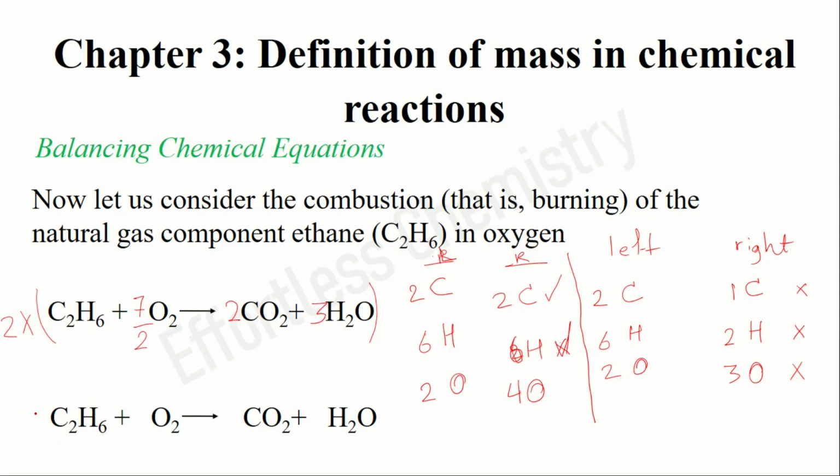The final result would be like that: 2 ethane after burning with 7 oxygen gives us 4 carbon dioxide molecules and 6 molecules of water. So the final one is the balanced equation, as you can see.